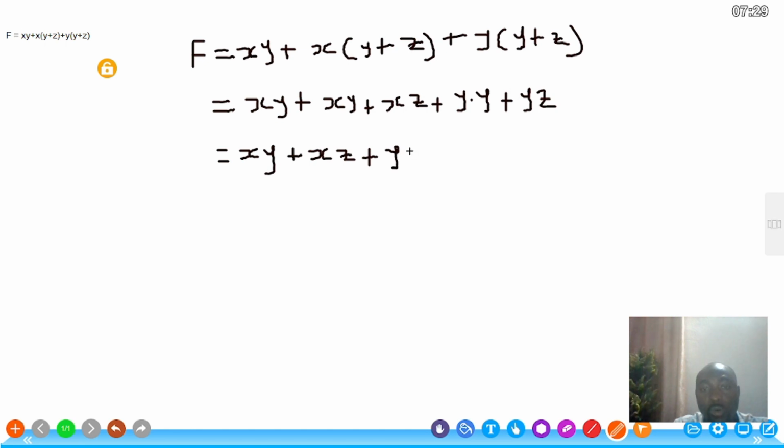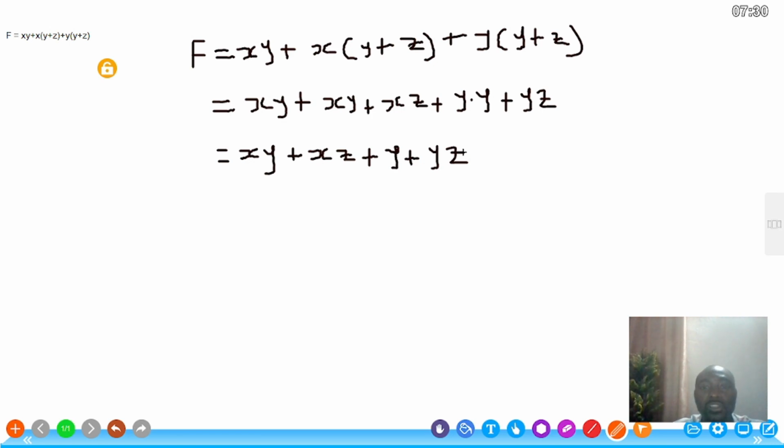So I have my y plus yz. So at least we have started reducing the complexity in an attempt to reduce the Boolean expressions. One of the reasons why we have to do the simplification is to reduce the number of variables.